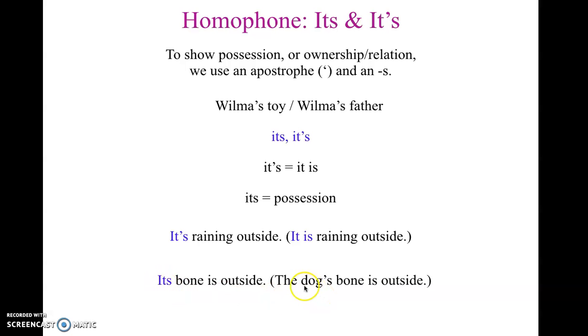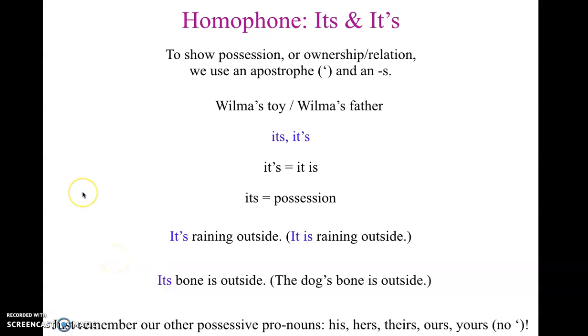Here, it might refer to a dog. So the dog's bone is outside. This is the possession, right? The dog's. Now, for many Americans, we might refer to our dog as male or female, right? So his bone or her bone. But we can also say its bone. Just remember our other possessive pronouns, his, hers, theirs, ours, yours. There's no apostrophe in these words.